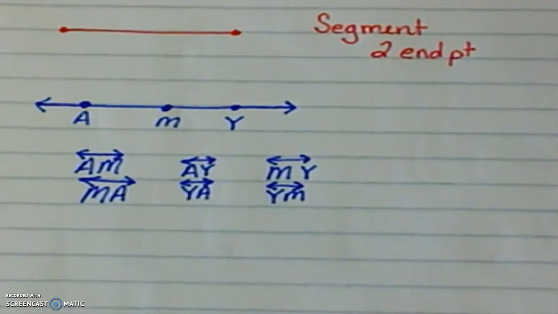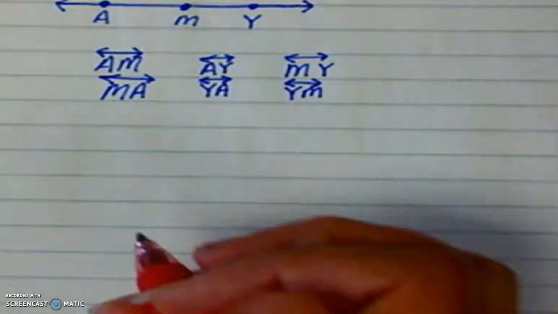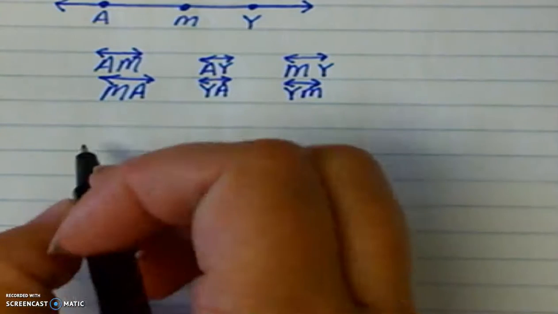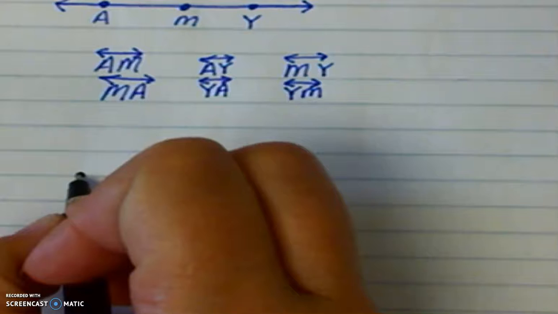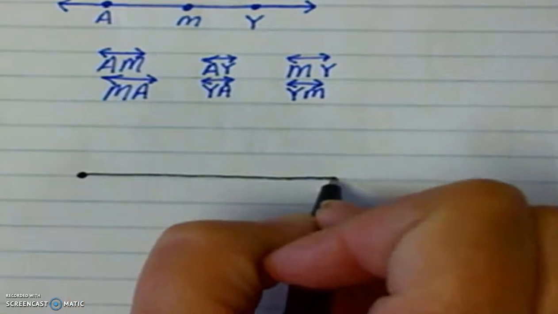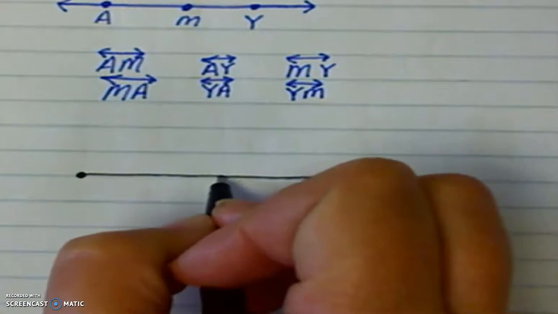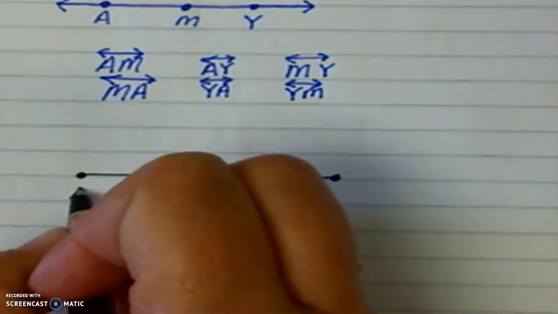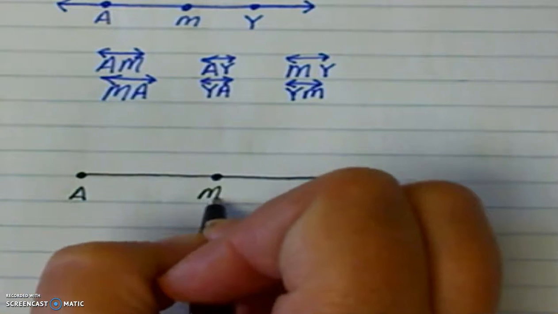Now, something about a line segment. If I have this line segment here, I'm going to put a point on that line segment, and I'm going to say Amy again. Now, just like you thought before, we can just use 2 points.